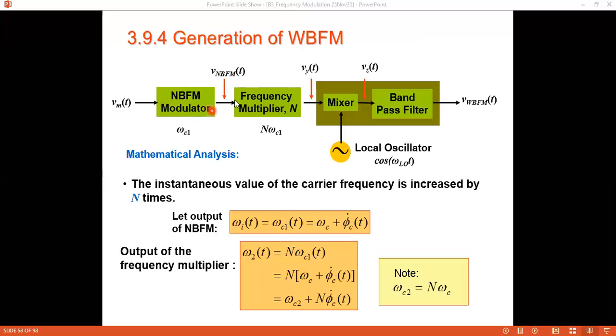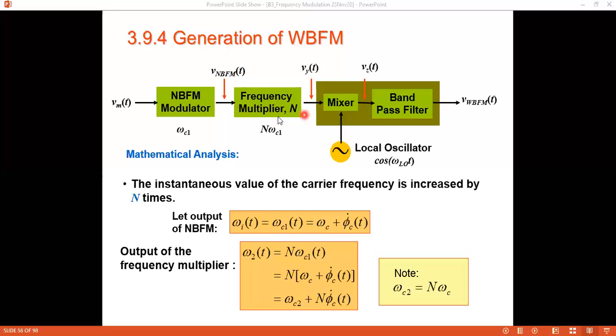Because of the very small frequency deviation, which is not up to the requirements of commercial FM, you have to multiply, increase the frequency deviation. So we use a frequency multiplier with factor n, where this frequency multiplier will not only multiply our frequency deviation, but it will also multiply our operating frequency and also the modulation index.